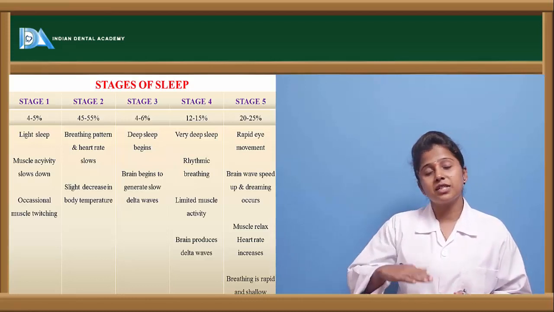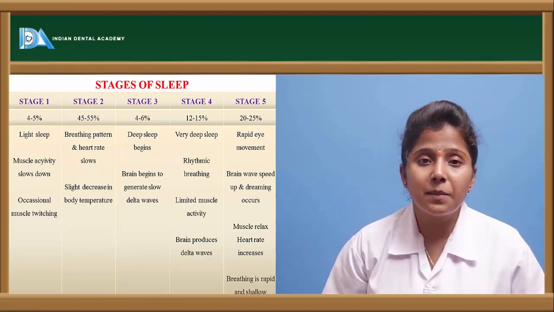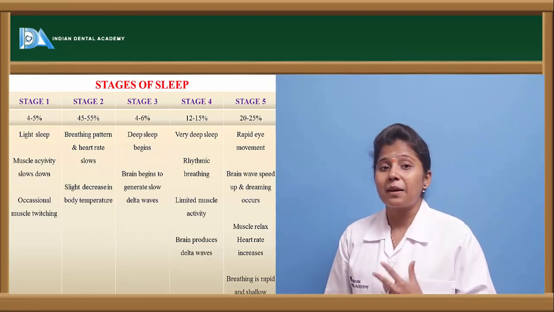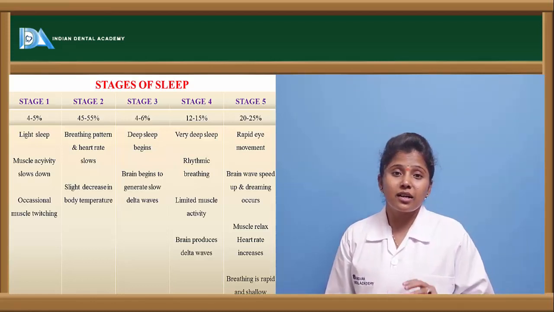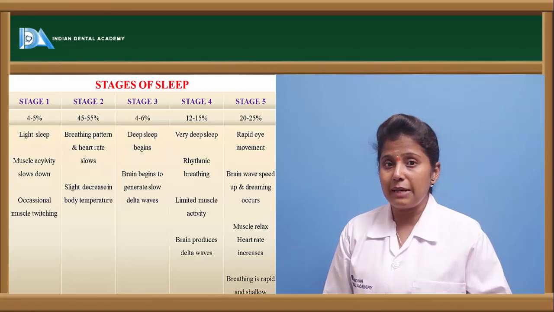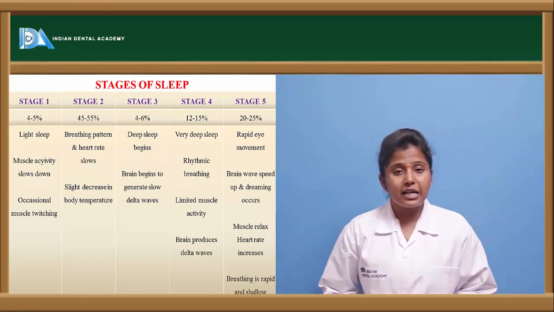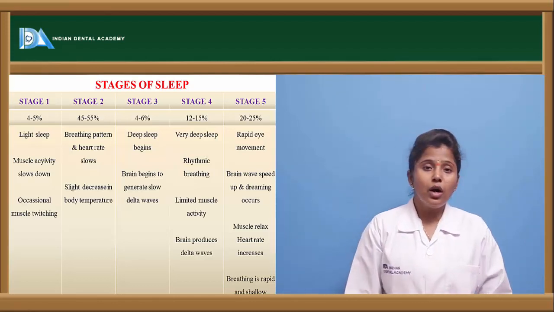The waves generated by the brain will fluctuate. Because of the fluctuation, dreaming occurs. The dreams in sleep are because of the waves generated in the brain, and they occur in the 5th stage of sleep, that is rapid eye movement sleep. Here the muscles will be relaxed, the heart rate will be increased, and breathing is also rapid.